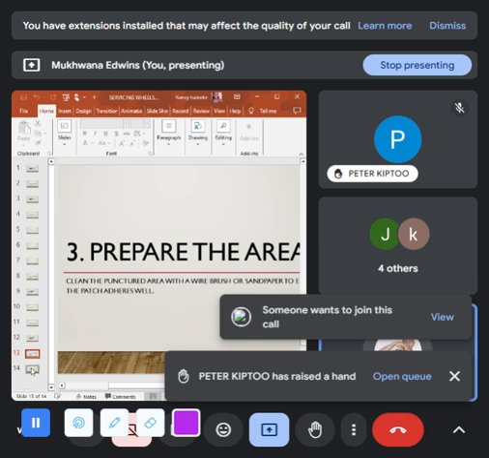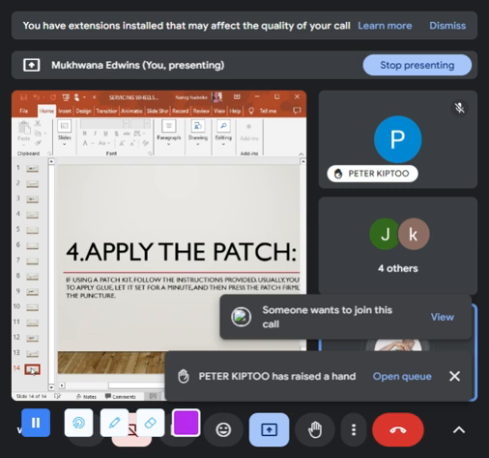The next step is to apply the patch. After you have scratched that part very well, you now take the patch and stick it to that place. I think that is what is also contained in that YouTube link. So I expect you to have the same procedures as this one.